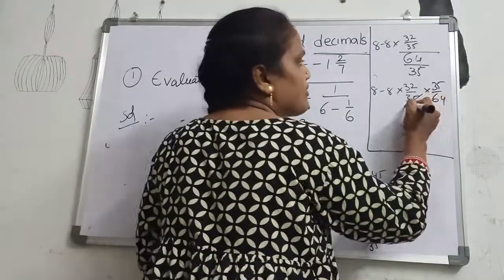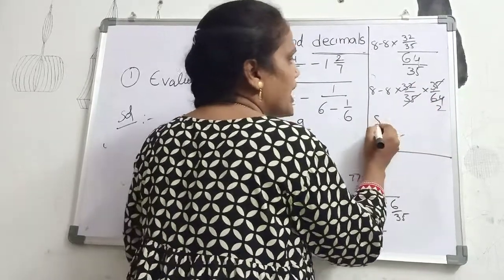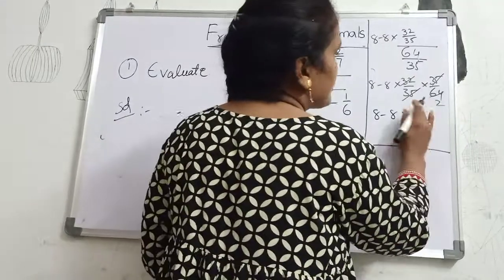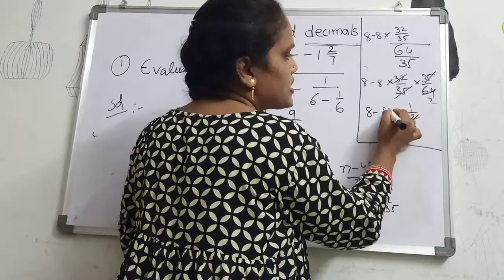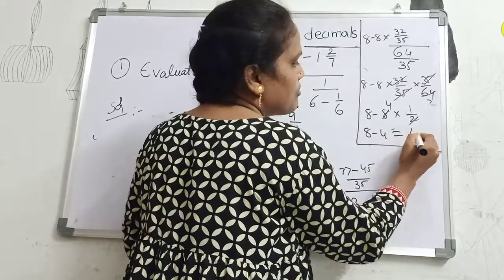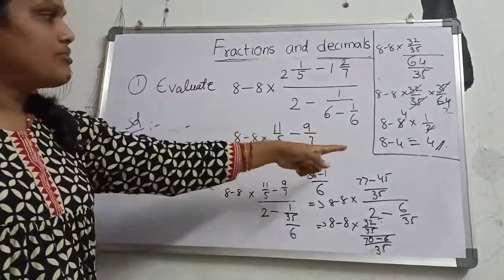So 35 gets cancelled. 32 ones are 32, 32 twos are 64. So 8 minus 8 into 1 by 2. 2 fours are 8, and 8 minus 4 is equal to 4. So the final solution is 4.